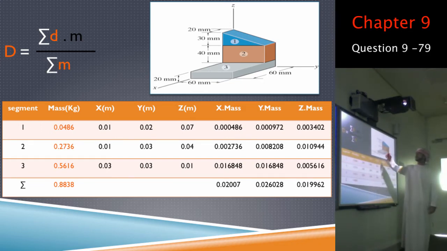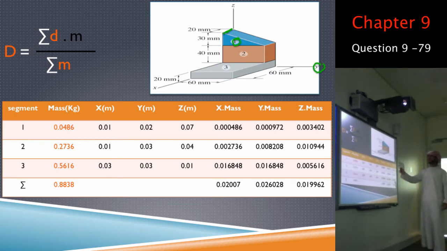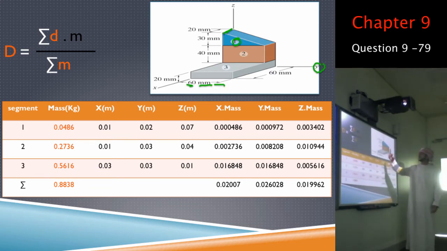And for y, just draw it. This one. Because this is the x-axis, and we want the distance for block 1. And for the y-axis, this is the y-axis, and this is the distance. The shape is a triangle, so we must multiply the 60 millimeters by 1 over 3.